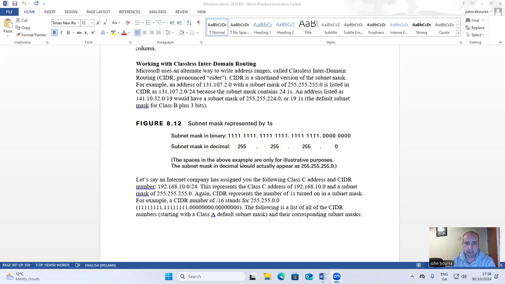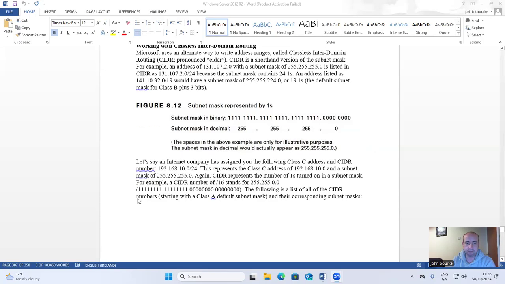Spaces in the above example are only for illustrative purposes. The subnet mask in decimal would actually appear as 255.255.255.0.